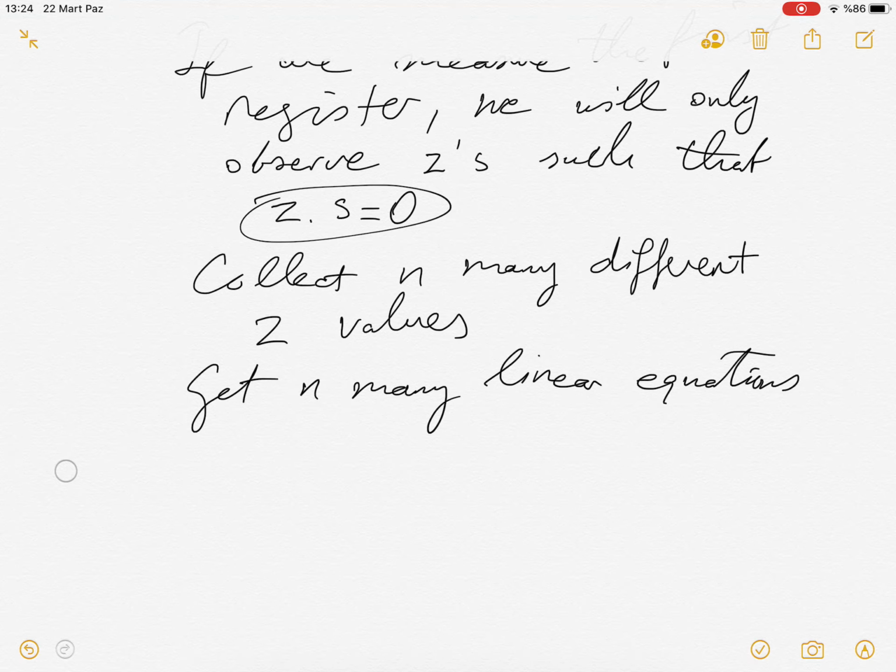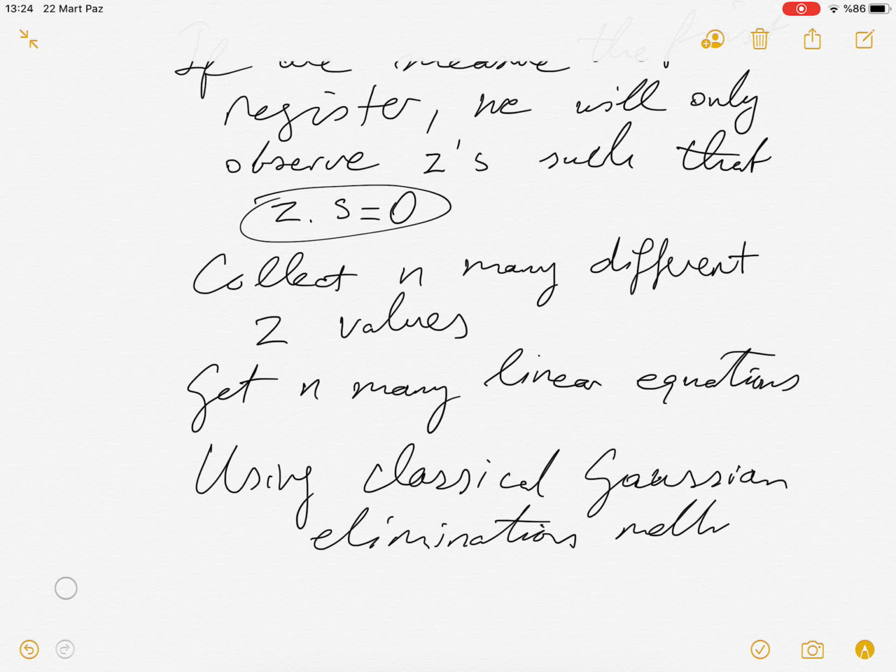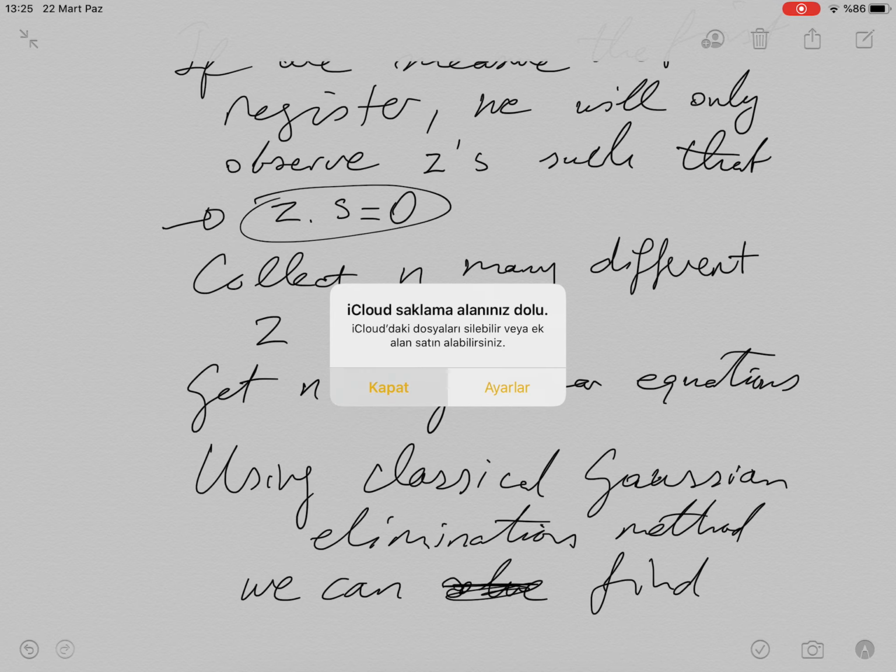Using those elimination methods, using the classical Gaussian elimination method, we can solve this equation and we can find s.